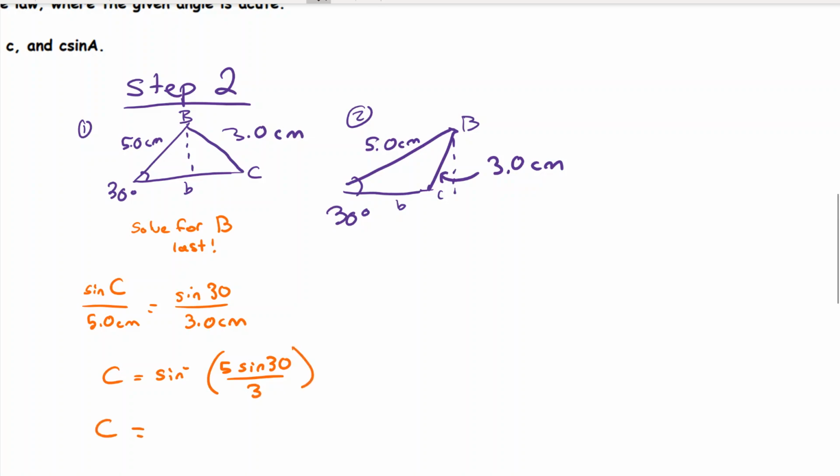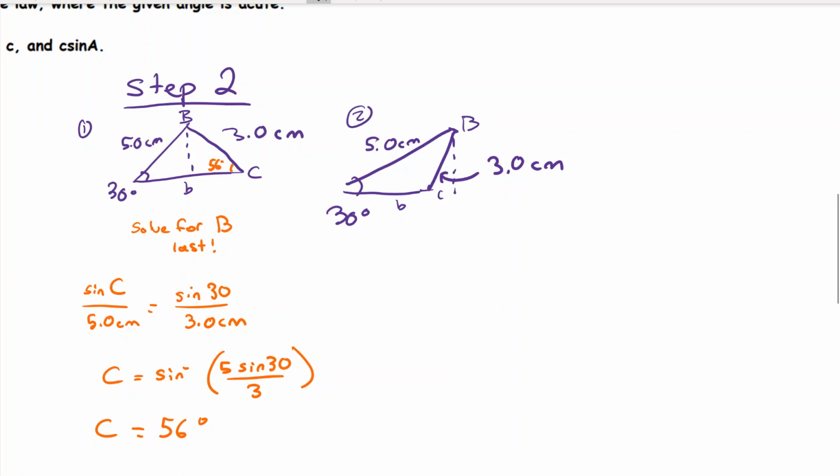When I plug this into my calculator, I'm going to round to the nearest degree. I do inverse sine of 5 sine 30 divided by 3, and I get an answer of 56 degrees. So C here is 56 degrees.